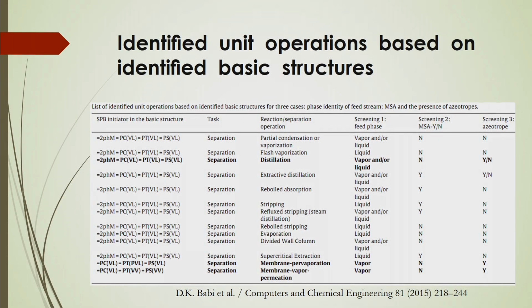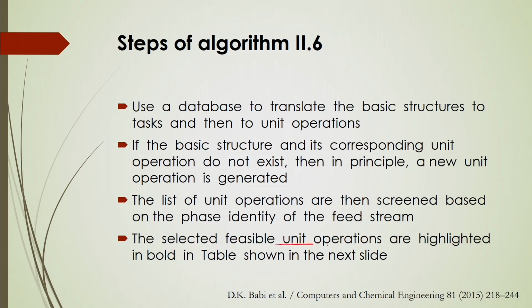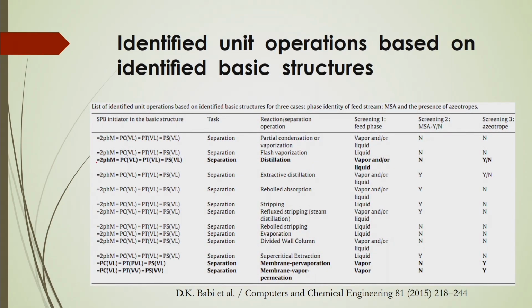Here the feasible unit operations are shown, highlighted like this. There are several basic structures that can be formed, and from those basic structures you are identifying the feasible unit operations. So, this one will be the feasible unit operations based on your total reaction separation process as per process intensification.